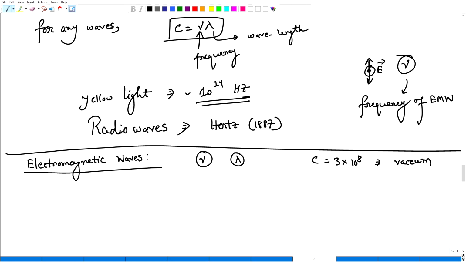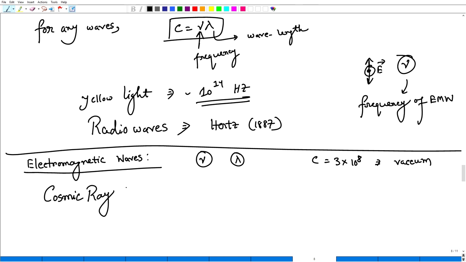Okay. So, here now nu and lambda. So, in terms of nu and lambda, okay. So, first is our cosmic ray, in terms of frequency.